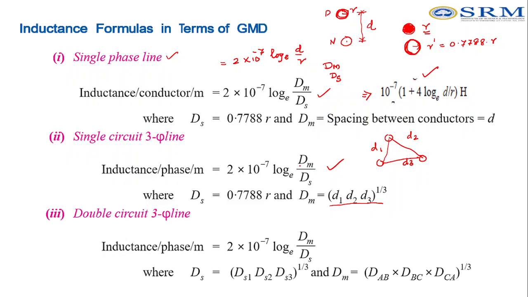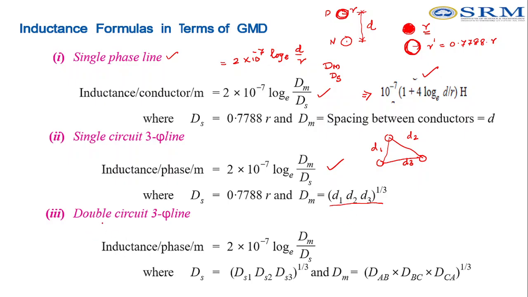That is dm, and ds is the self distance. Self distance is the distance only within the conductor, but dm is the mutual distance between two conductors, or three conductors. It is given as ds equal to 0.7788 r, and dm equal to (d1 d2 d3) whole power 1 by 3.